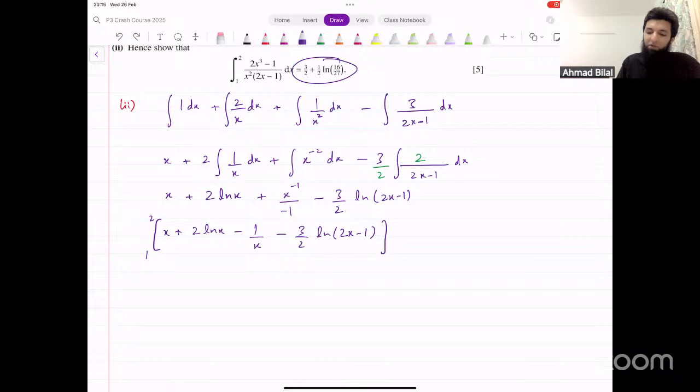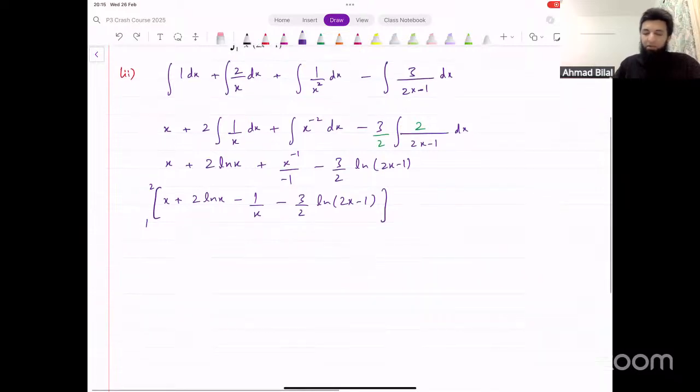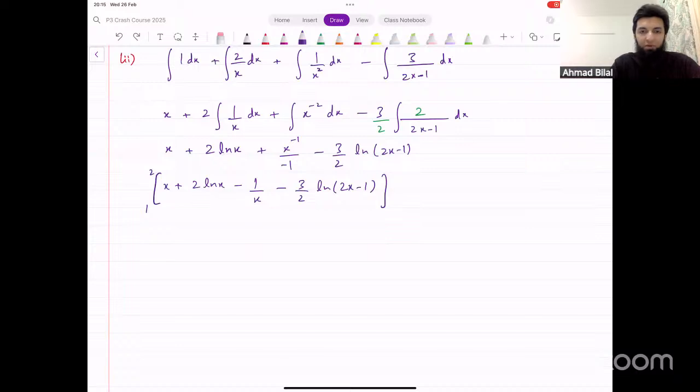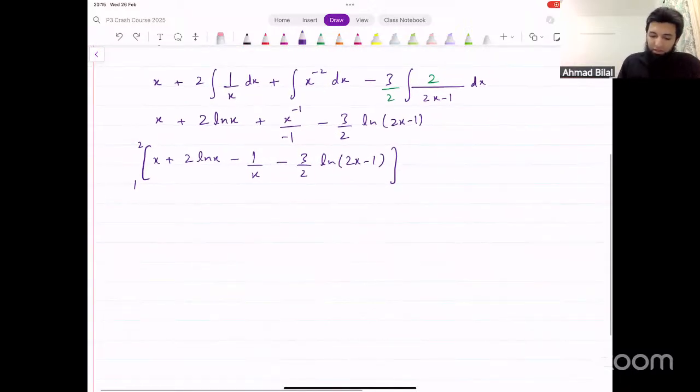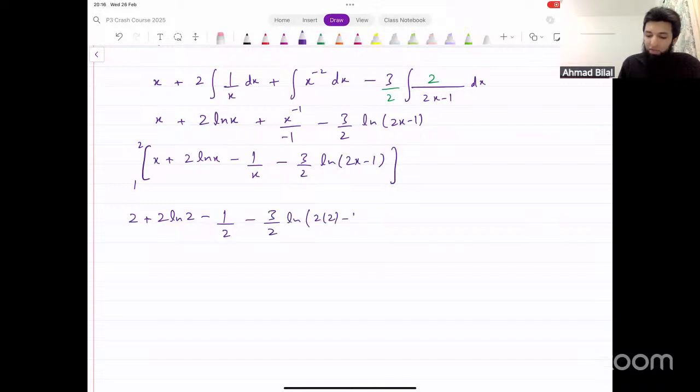So you see, you have only one log term here. Keep that in mind. That's something that you always have to do. Whenever you have multiple log terms in your final answer, you always write them as a single log term at the end. Let's input the limits so that it becomes 2 plus 2 ln 2 minus 1 over 2 minus 3 over 2 times ln of 2 times 2 minus 1.